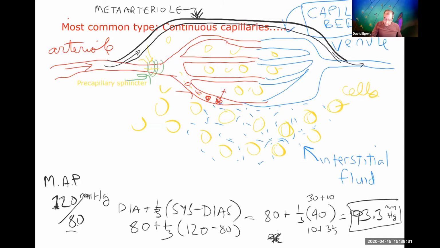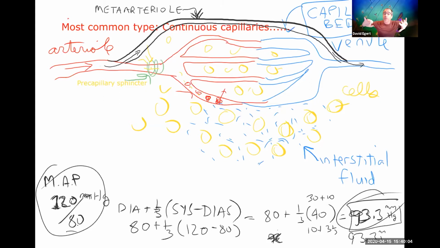Right, so you should know mean arterial pressure, what it is, how to calculate it. So if somebody's blood pressure is 120/80, that means their mean arterial pressure is 93.3 millimeters of mercury. Your book is talking about mean arterial pressure all the time, so you should know what that is. So mean arterial pressure coming out of the ventricles is up above 90.